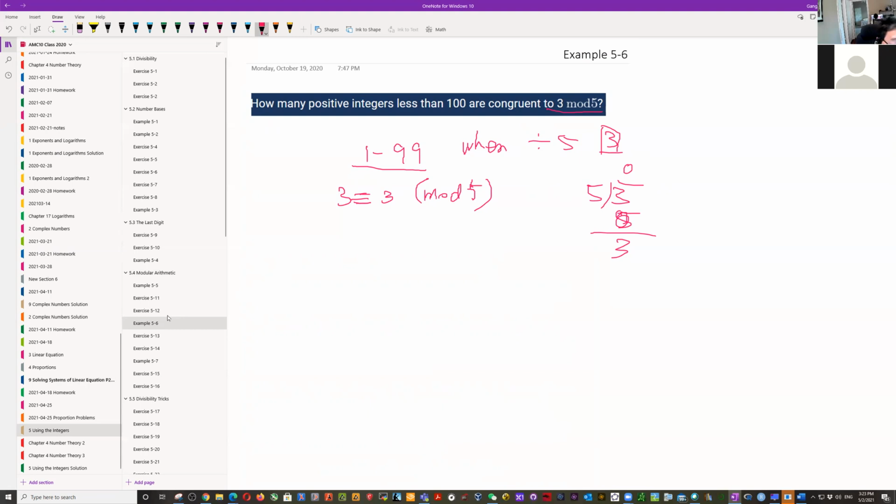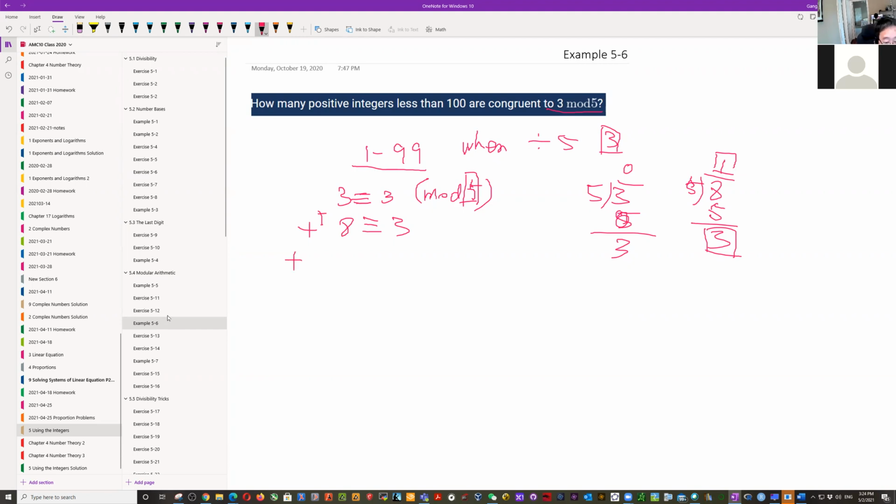Then you will see what the next number with remainder 3 will be. Obviously, it's 8, because 3 plus 5 is 8, and 8 divided by 5 gives quotient 1 and remainder 3. So 8 is congruent to 3. In fact, you just keep adding the modulus, and you will get the next one.